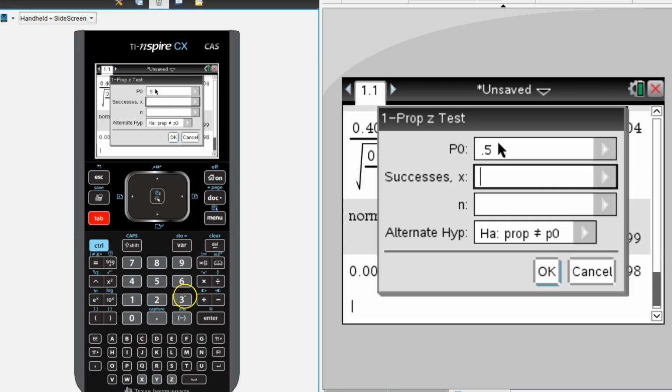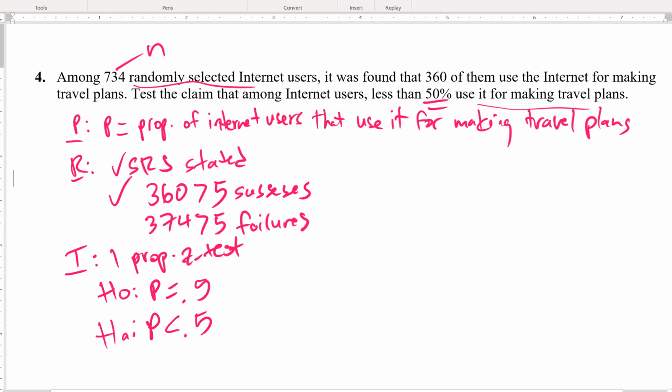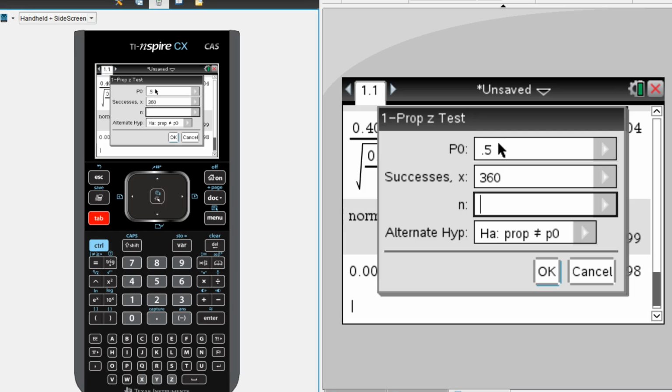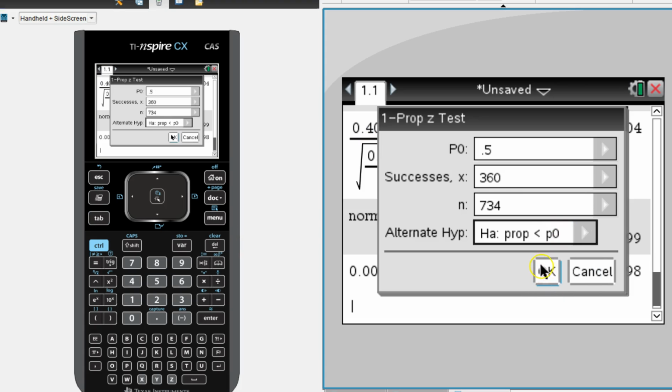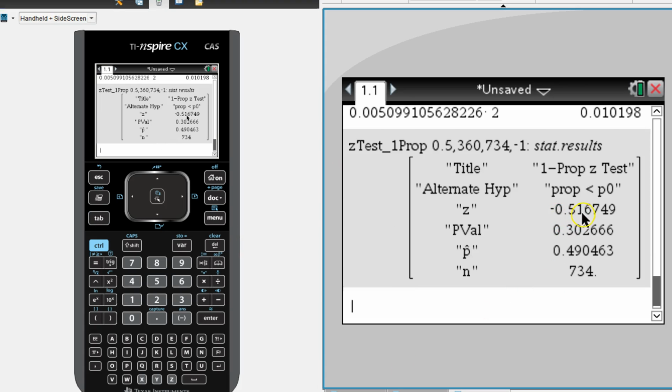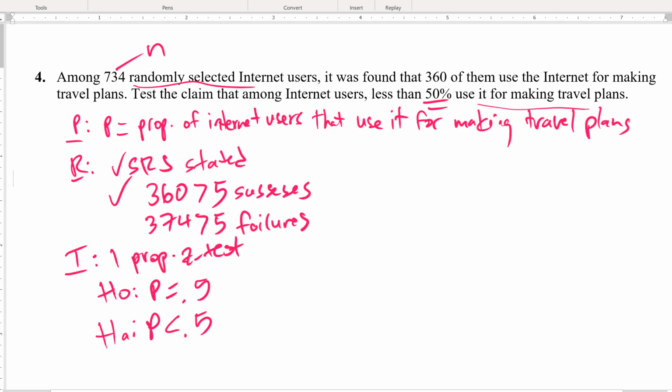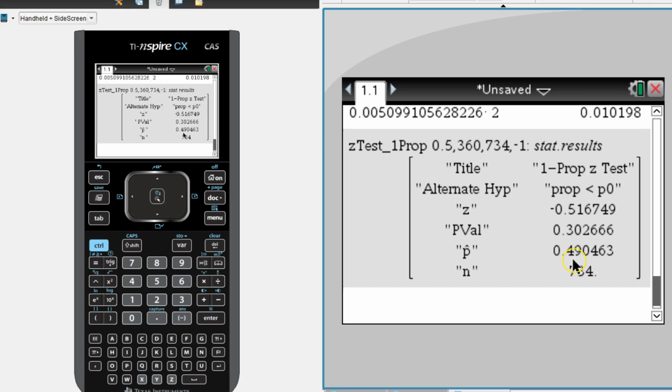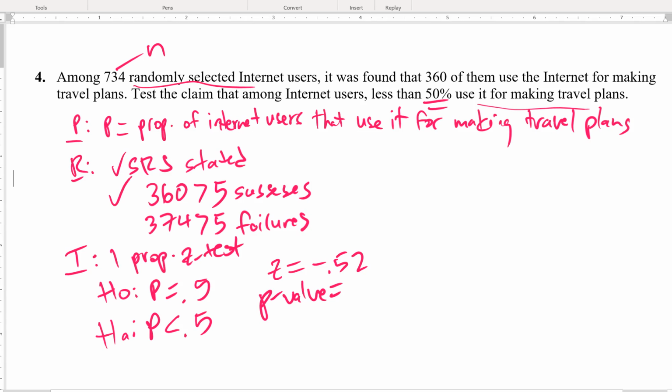Our number of successes, 360 out of 734. Alternative was less than, z-score negative 0.51, negative 0.52 around that. That p-value is 0.302, 0.303.